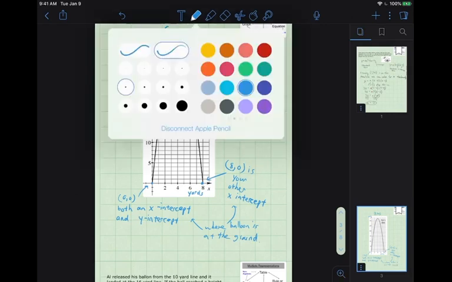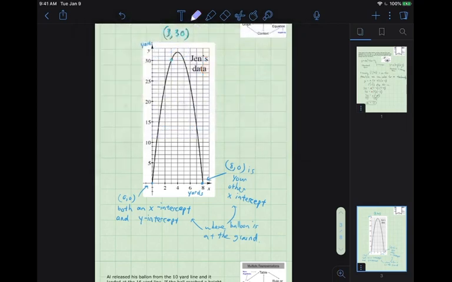Other things you should know about graphs of parabolas is this thing down here. Darker color. Okay, this line. Okay, that equation going up and down is x equals 4. Is your axis of symmetry.